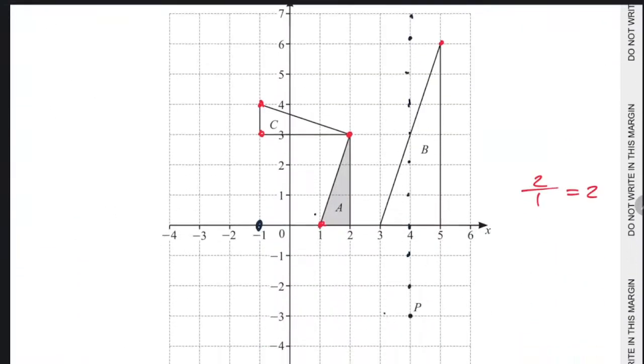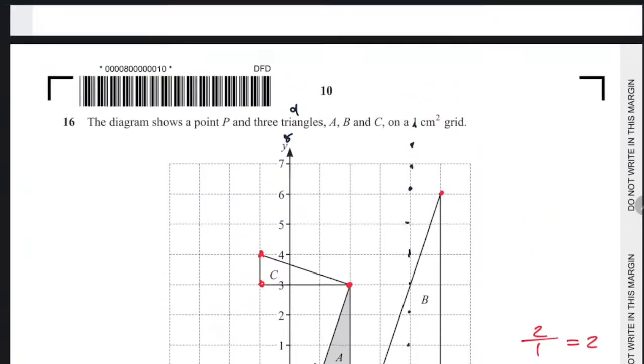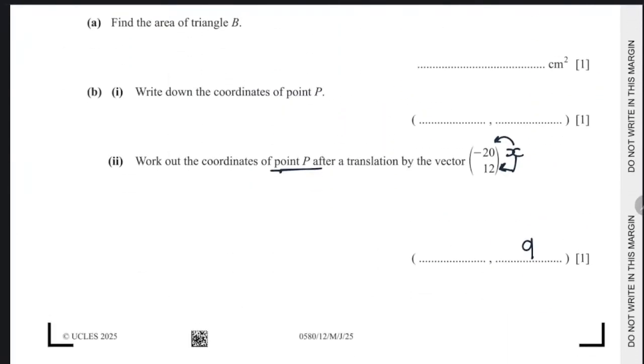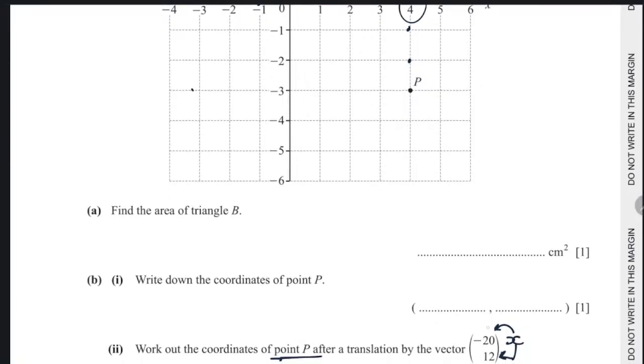So you go 1, 2, 3, 4, 5, 6. You can move from here since you are now here, right? You'll be saying 1 is here, 2, 3, 4, 5, 6, 7, 8. You keep going. You can just subtract it from where it was. Here it was on X 4, and you are moving 20 steps to the left. So what is 4 minus 20? It's -16.